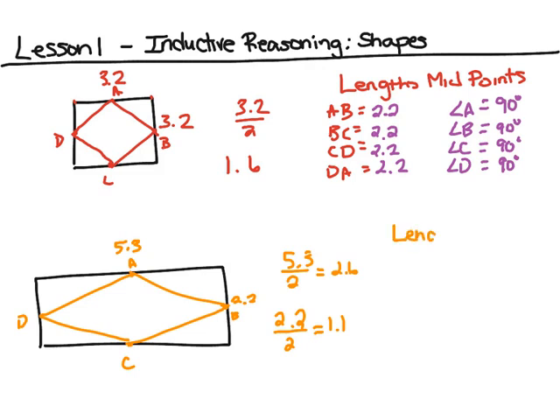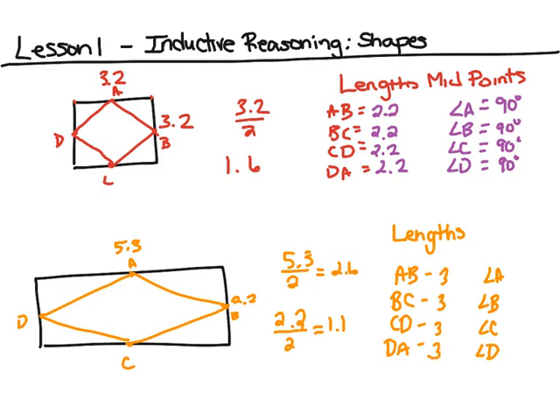Now I want you to measure the lengths AB, BC, CD, DA. And I want you to find the angles of A, B, C, and D. What you should have got was 3 centimeters for each side, and your angles will be 131, 45, 131, and 45.